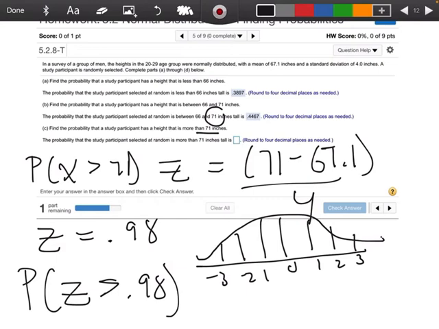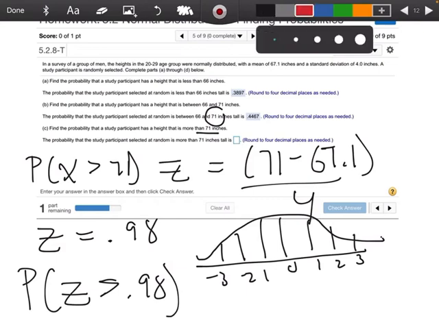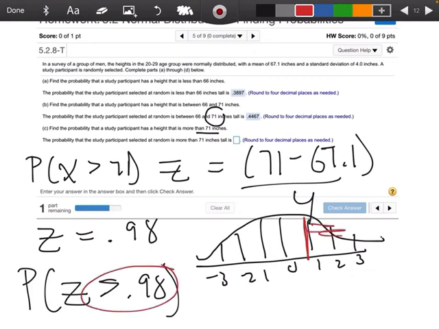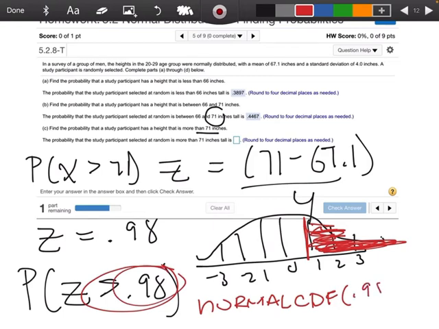0.98, remember we said it's just to the left of 1. And because I'm looking for bigger than, that means I'm going to the right. I'm looking for the area to the right, okay? So when I use my normal CDF, my lower bound in this case is 0.98, and my upper bound, if I'm going all the way to the right, I would be going to infinity. So I'm just going to use 9999, okay?